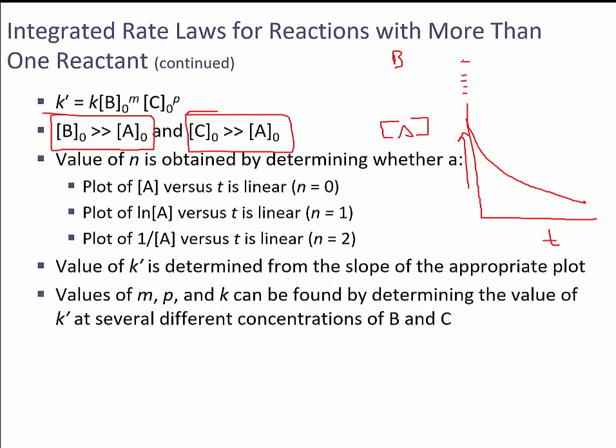And so even though this guy might be changing by 0.5 molar, if this guy's up here at like 1,000 molar, and over time it changed to 1,000 minus 0.5, did it really change much? No. So you basically make the concentration of B and C so big that it doesn't notice.